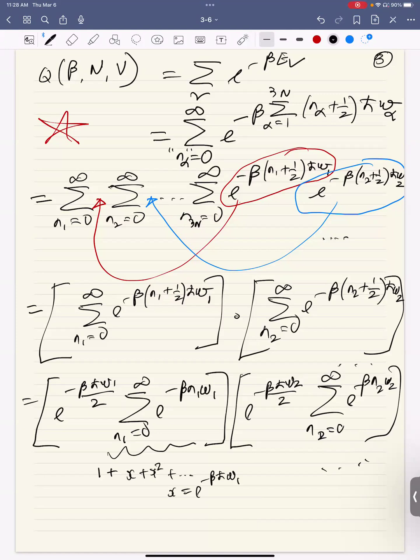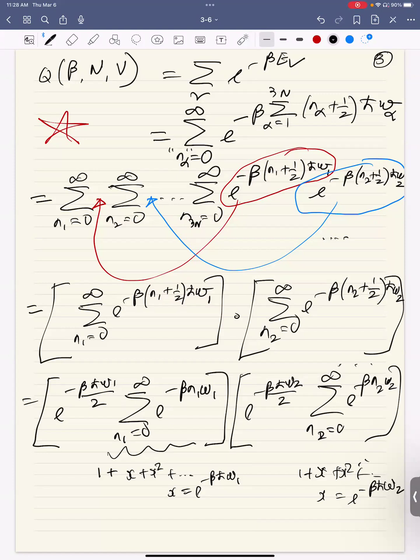This is again 1 plus x plus x squared plus dot dot dot, with x equal to e to the power minus beta h cut omega 2. And this series is a convergent series if x is smaller than 1. In this case, x is smaller than 1 because you have e to the power negative number. Beta is a real valued number.